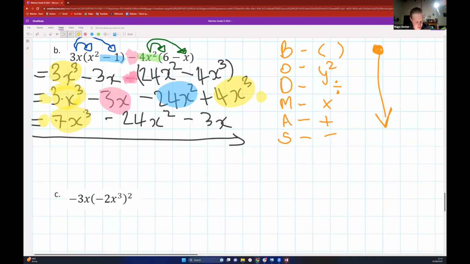The rest of the terms stayed the same. I just put them in a different order, but they stayed the same because they didn't have any friends, no like terms that I could add them to. So can you see what I did there? Are you still uncertain? Did I not answer your question?